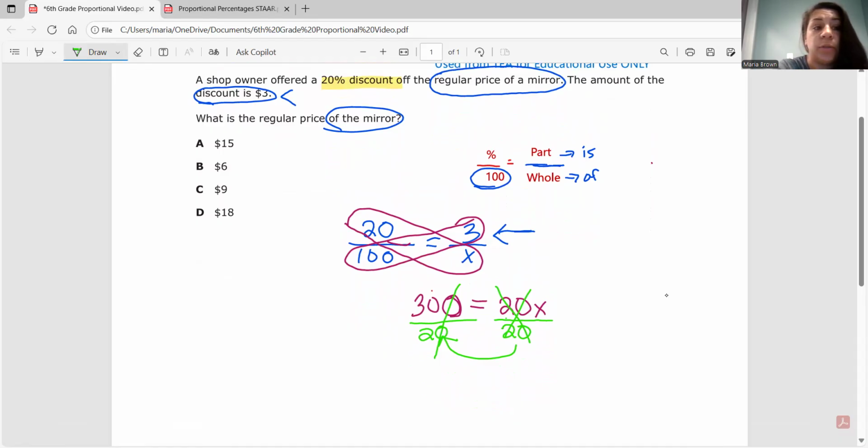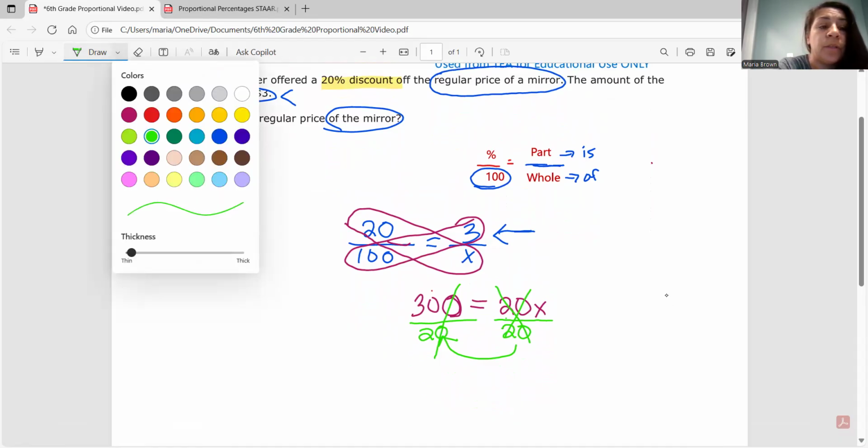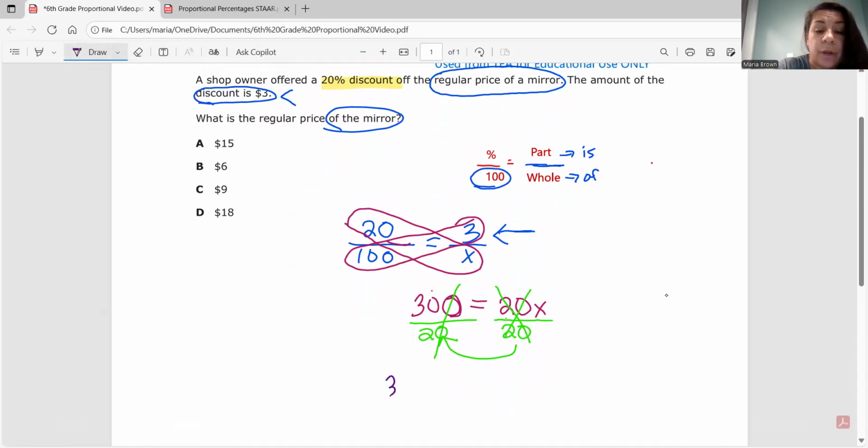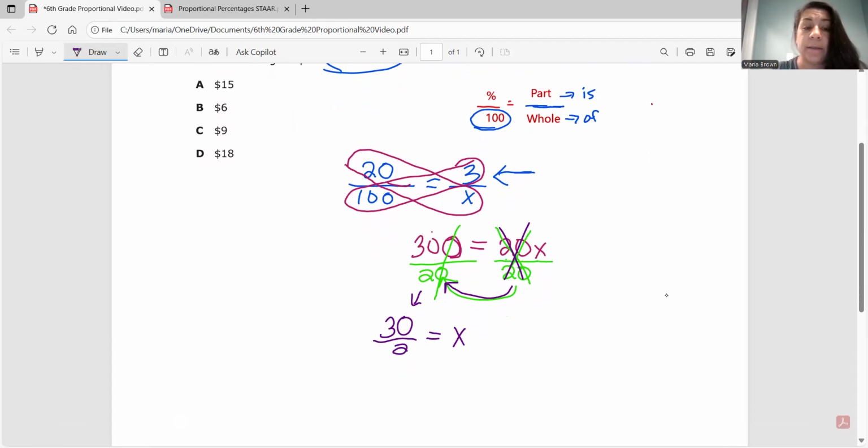That's why it reduces lower to that. So let's go ahead and do our last step. We have 30 divided by 2, and we got that from here, equals x. x is isolated now because we got rid of this by dividing it out and bringing it to the other side. In order to bring it to the other side, we have to do the opposite.